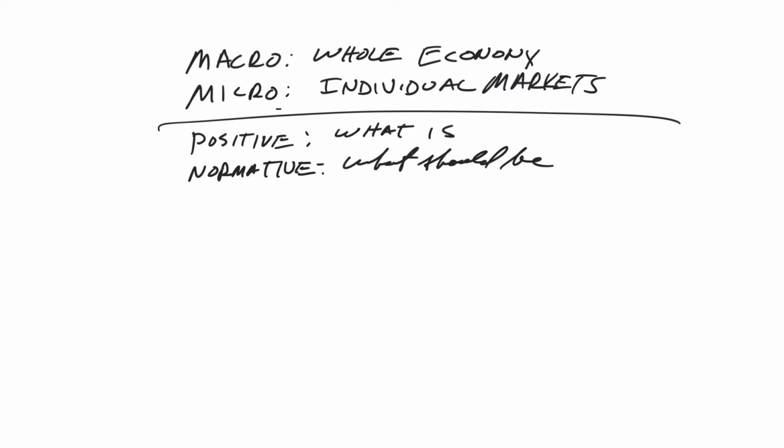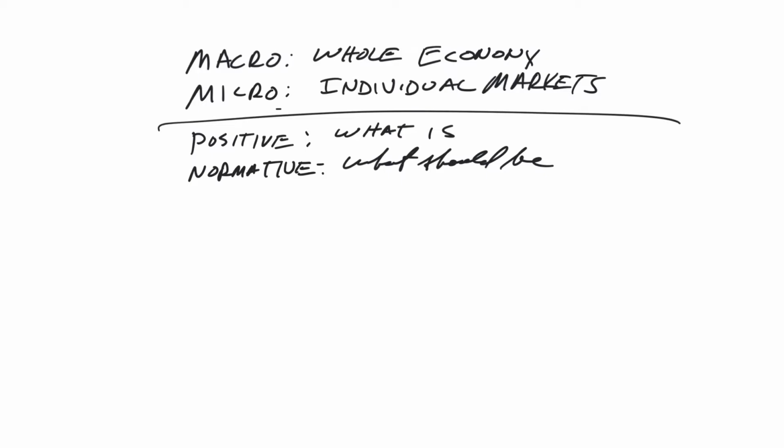So let me give you a few examples, okay? You tell me if this is normative or positive. Rent control causes apartment shortages. Is that a normative statement or a positive statement?